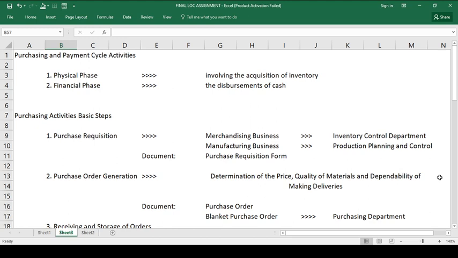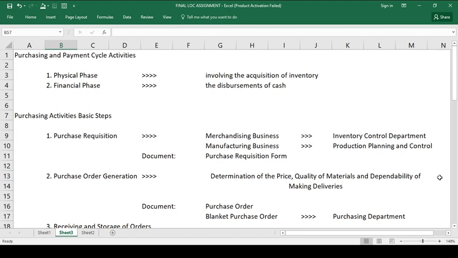The purchase requisition form is prepared depending on the structure of the business. If it is a merchandising type of business, it is the inventory control department. If it is a manufacturing type of business, it is the production planning and control.